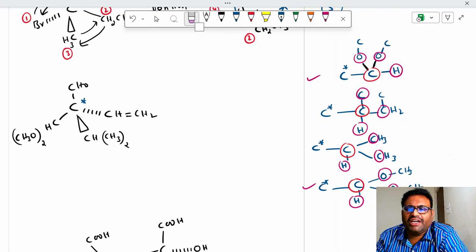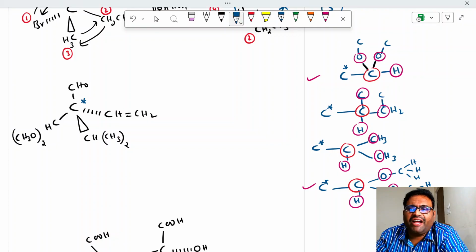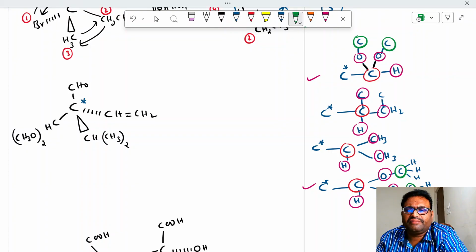Now, if you see here, this CH3, what do you write? CH, H, H, and H, H, H. After this C, who will be there? Next atoms, let us find the next atoms. Next atom is carbon, carbon. Here also carbon, carbon. Okay, anyway, hydrogen, common.